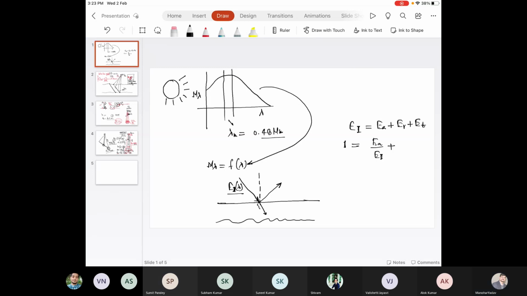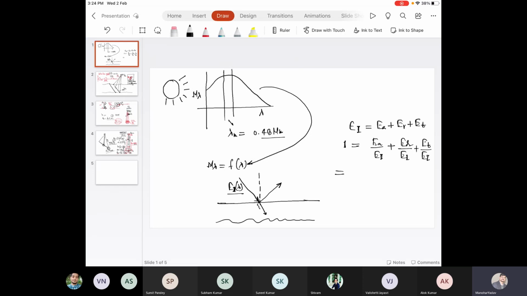Then the absorbed component divided by the incident energy, plus the reflected component divided by E_I, plus E_transmitted divided by E_I.